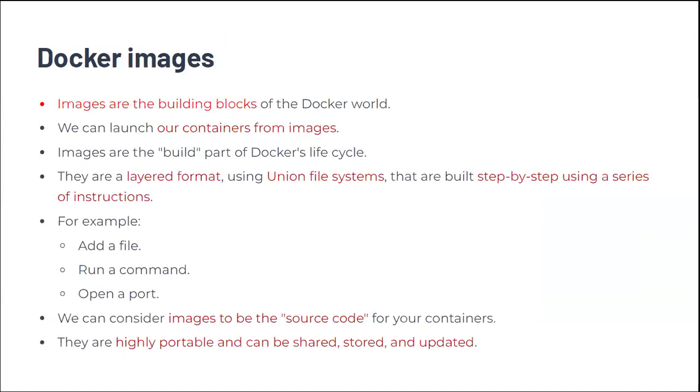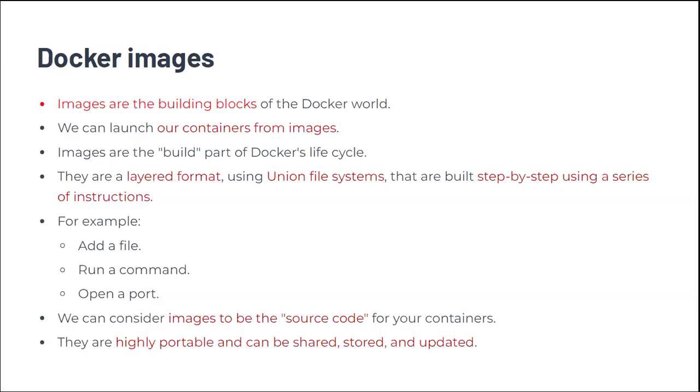The next component is Docker images. Images are the blueprints for containers. They define everything needed to run a piece of software like code, libraries, operating system files, and configurations. An image is built layer by layer.